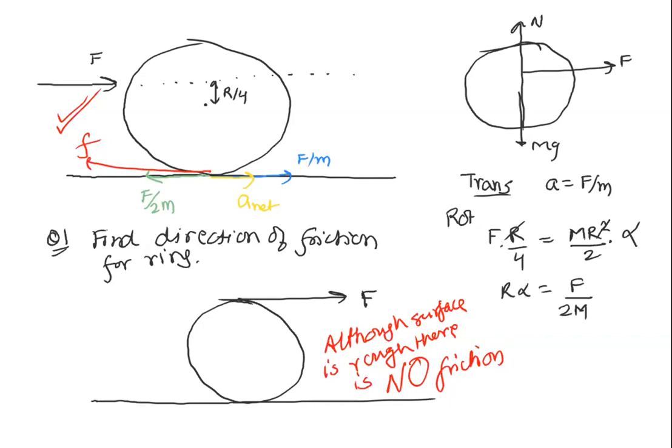Moment of inertia greater than mr square होएगा ना, अगर greater than mr square होएगा, तो फिर r alpha की वैल्यू f by m से कम हो जाएगी। ट्रांसलेशन वाला f by m है, रोटेशन वाला कम हो जाएगा, तो a नेट इधर ही आ जाएगा, तो फ्रिक्शन पीछे चला जाएगा। And if you think this is too complicated for you to remember, don't worry.